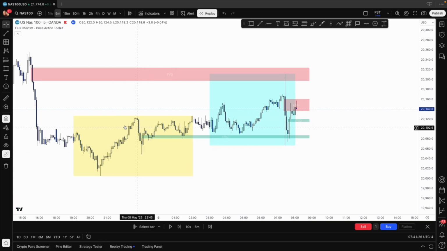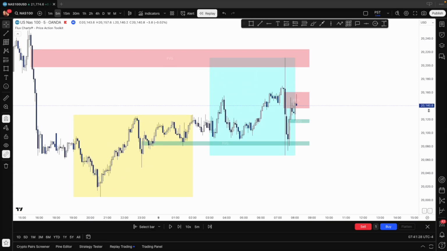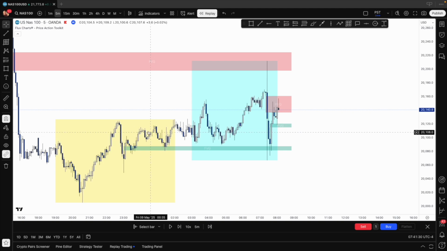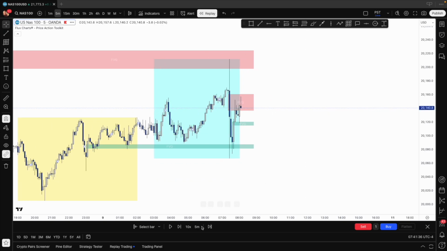The yellow is the Asia, the blue is the London. So as you can see, London has taken our Asia highs right over here. Now we're waiting for New York to start, and we want a bearish fair value gap to form to take the continuation down. This fair value gap needs to happen during New York.